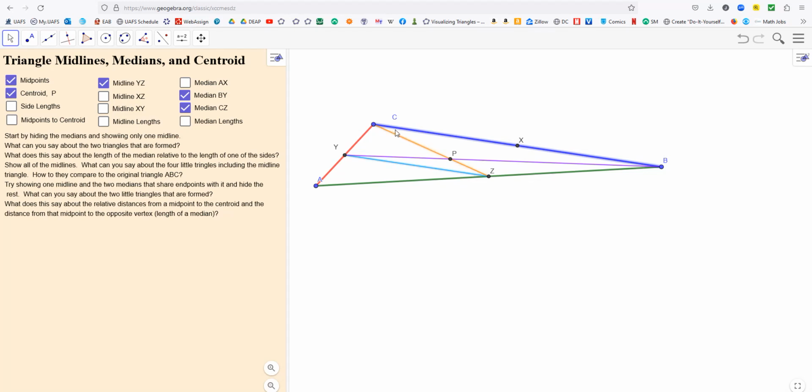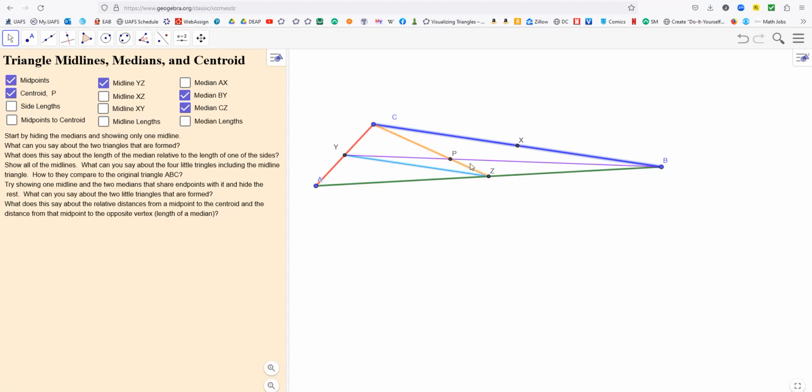So you've got a congruent angle right here at C, angle BCZ, and angle YZC. So now these 2 triangles have 2 angles that are corresponding and congruent. Angle Z corresponds to C, P corresponds to P, and therefore those 2 triangles must be similar by the angle-angle similarity theorem.